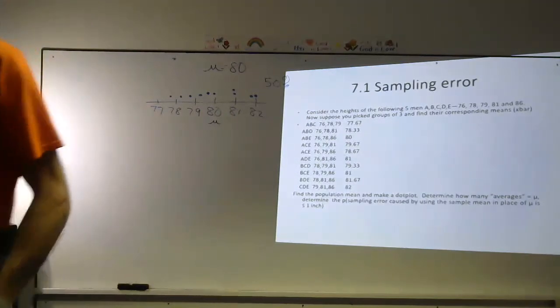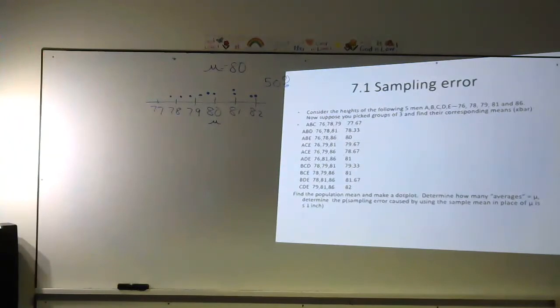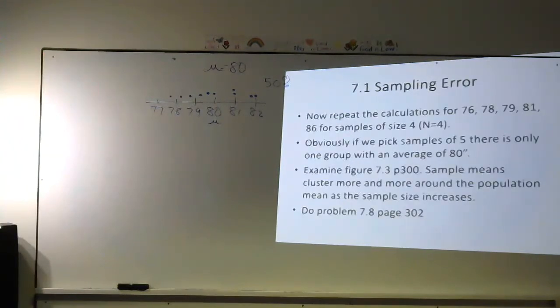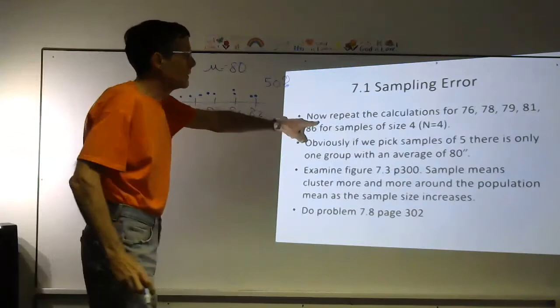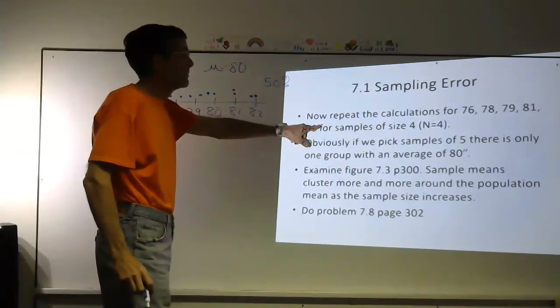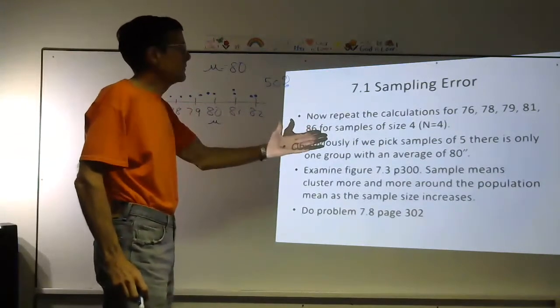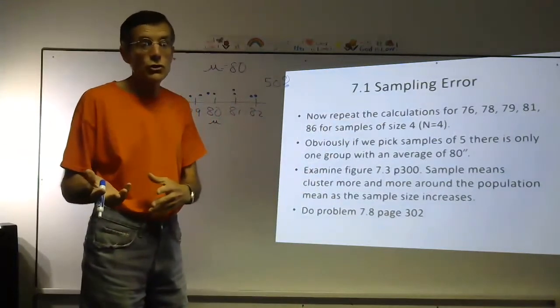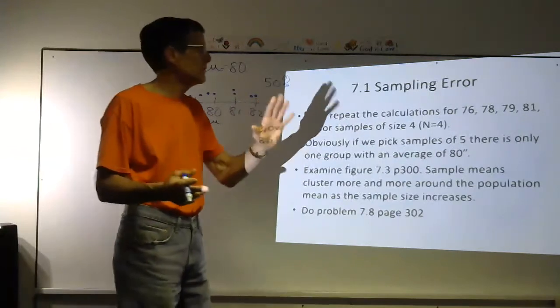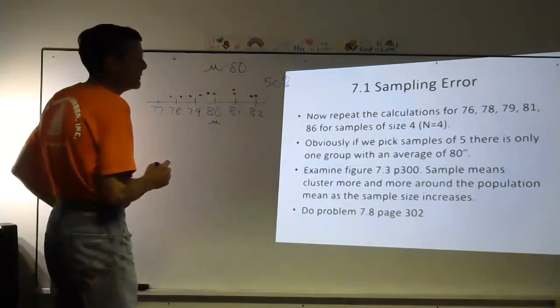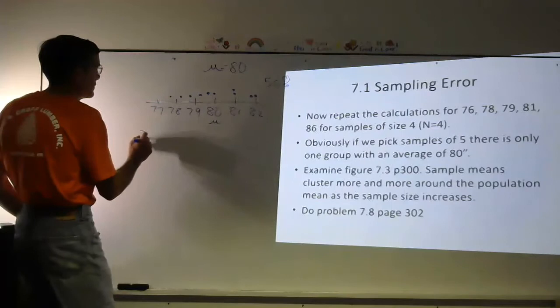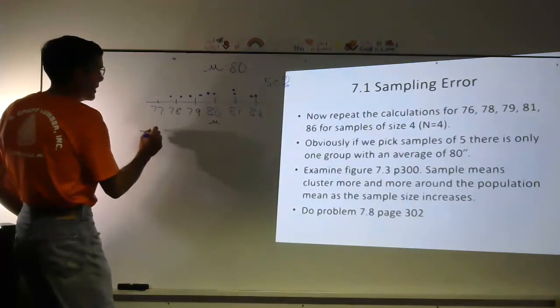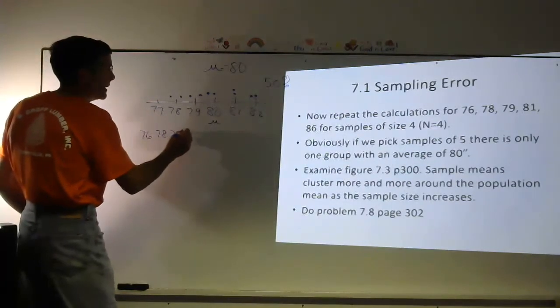Now, what if instead of using samples of size 3, I use samples of size 4? If you do 5C4, you can figure out how many samples you should get. 5C4, I think, is 5. Let's see if I can get all 5. I'm going to have 76, 78, 79, 81.